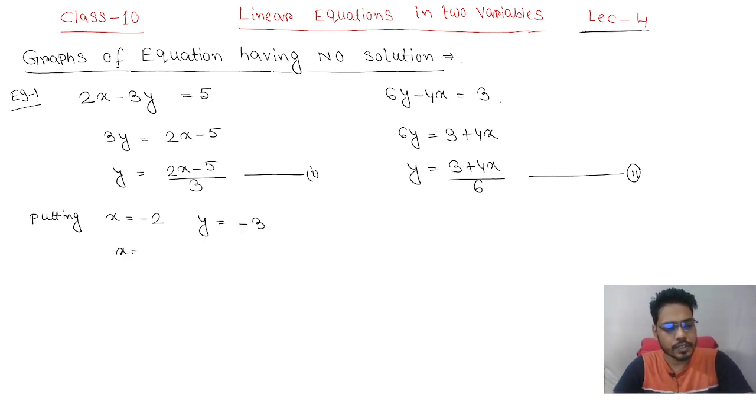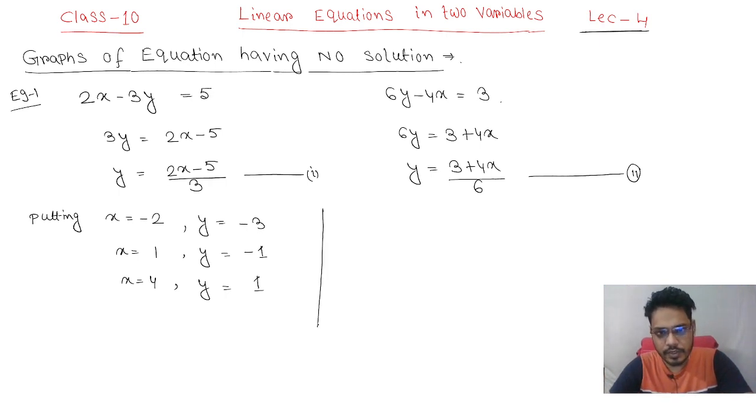If x is equal to 1, then y will be minus 3 by 3, that is minus 1. If x is equal to 4, then y will be 3 by 3, that is 1.